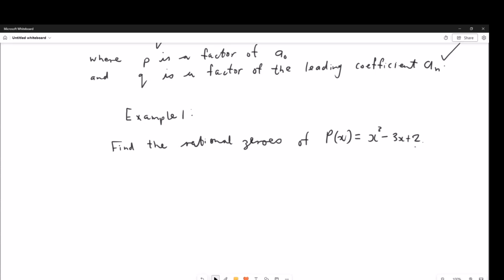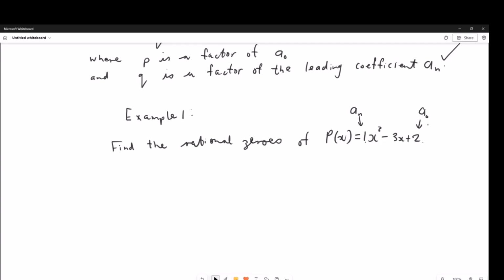Okay. So of course, you can see that my leading coefficient belongs next to the x cubed, and this will be a 1 here. Okay. This is my a_n that we spoke of in the theorem, a subscript n. And my a0 here will be this here.